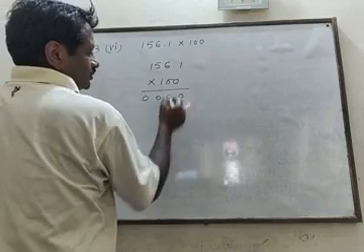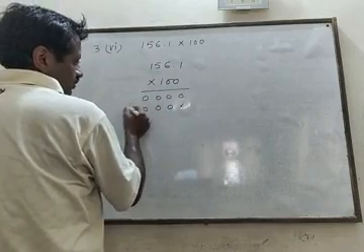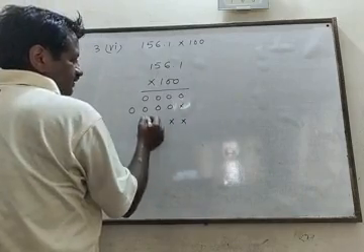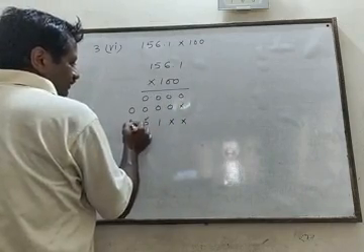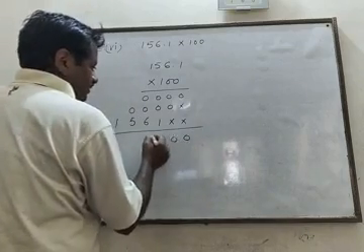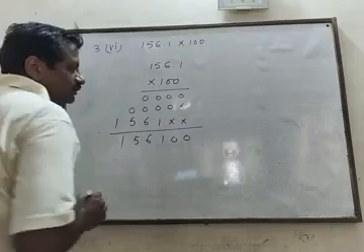Then by the second 0, 0, 0, 0, 0. Then by 1: 1 1 is 1, 1 6 is 6, 1 5 is 5, 1 1 is 1. So 0, 0, 1, 6, 5, 1.